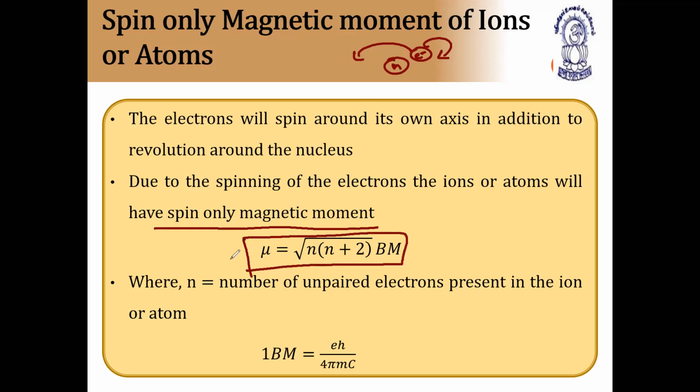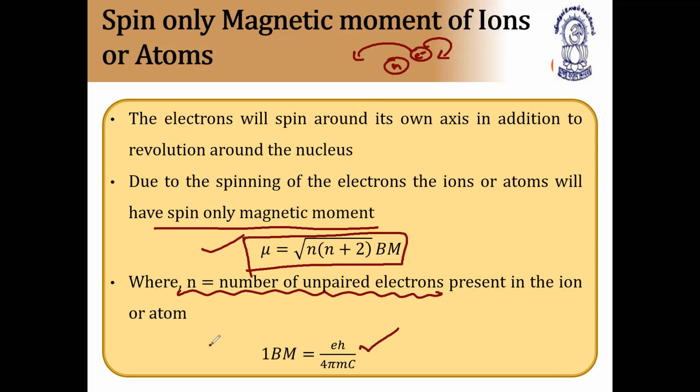BM is called Bohr magneton, and one Bohr magneton is equal to eh by 4 pi mc. Now, what is n here? n is not the principal quantum number, it is the number of unpaired electrons. Very, very important. If you don't know the orbital diagram of electrons, you cannot identify how many unpaired electrons.